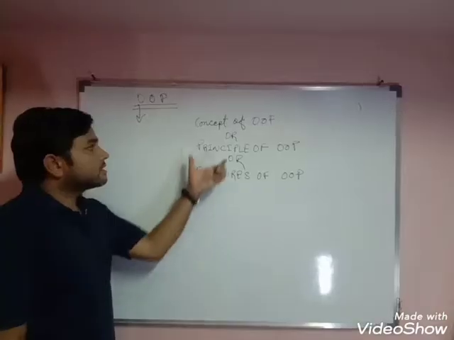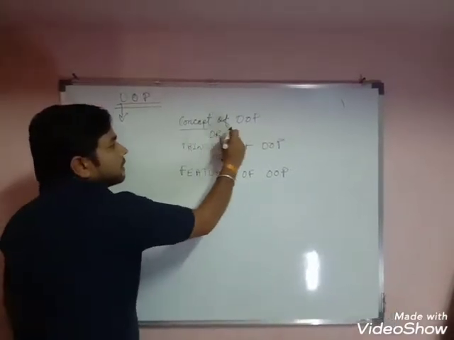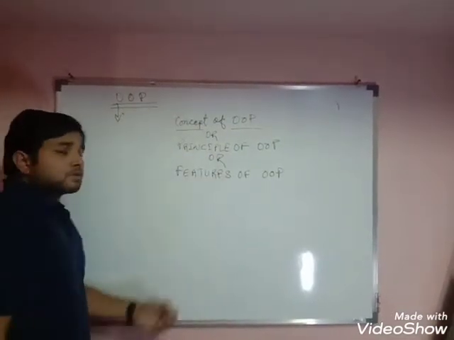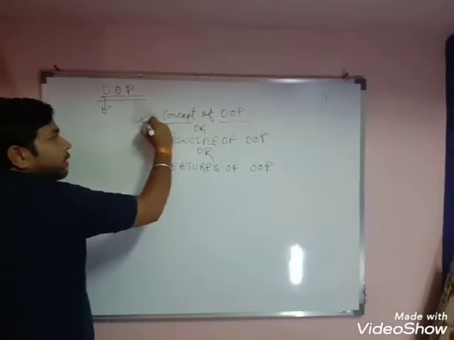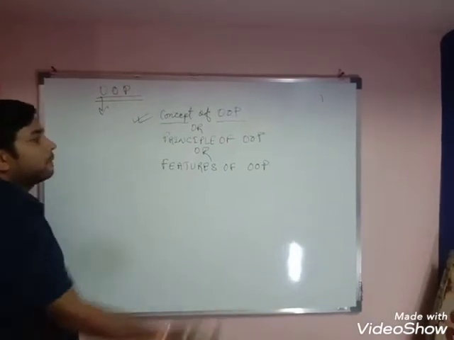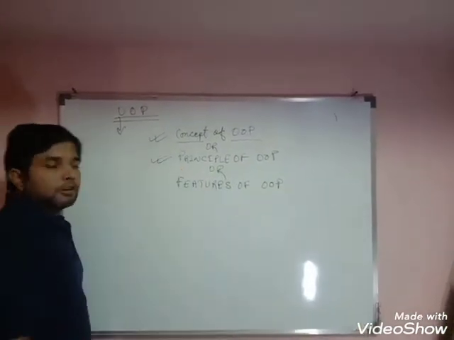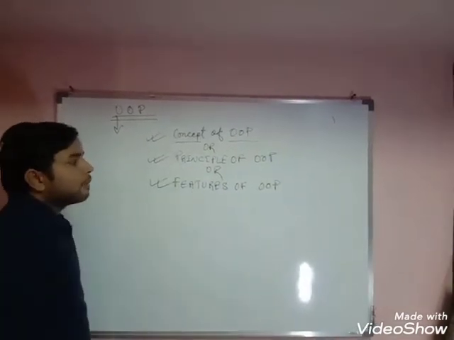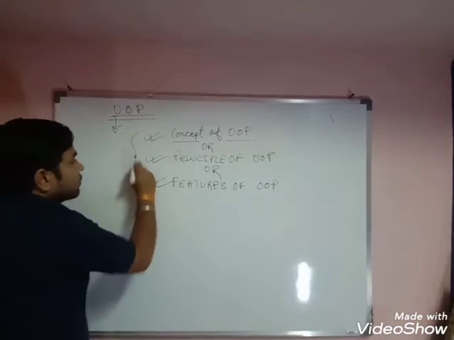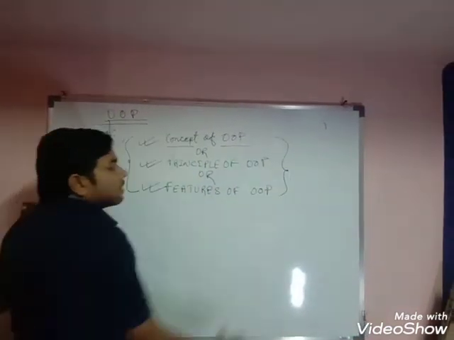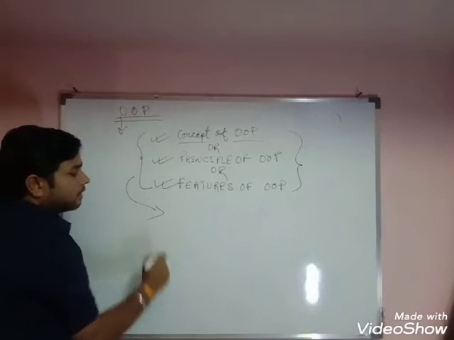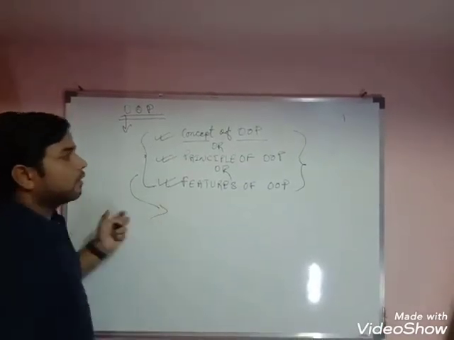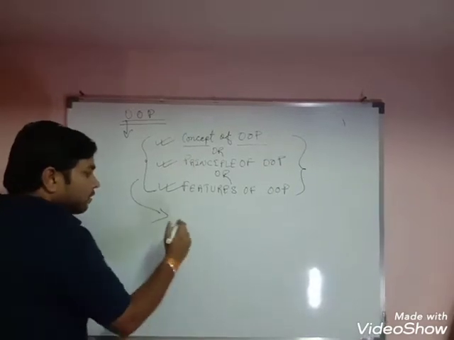Okay. Now we will learn about the concepts of OOP. OOP means object oriented programming. If a question is given asking what the concepts of object oriented programming are, or what the principles of object oriented programming are, or what the features of object oriented programming are, for all these three questions there is only one answer: there are different types of object oriented programming concepts or principles or features.